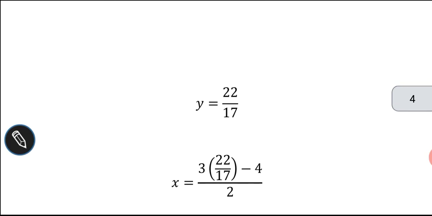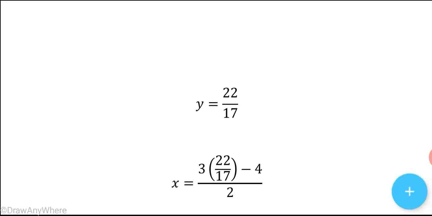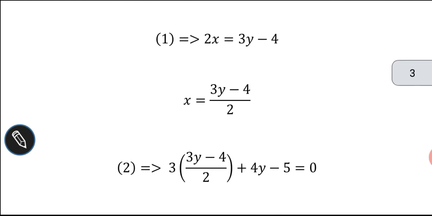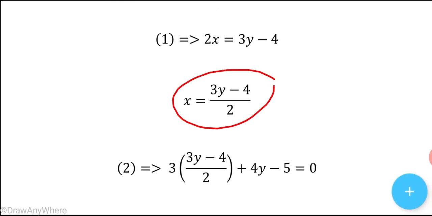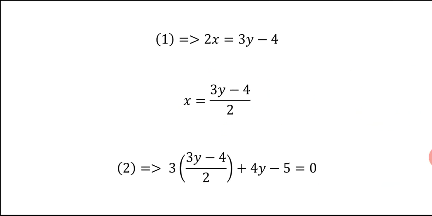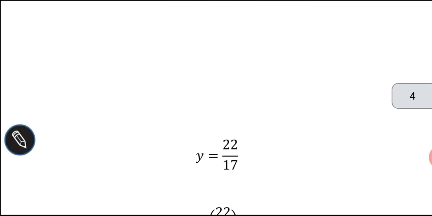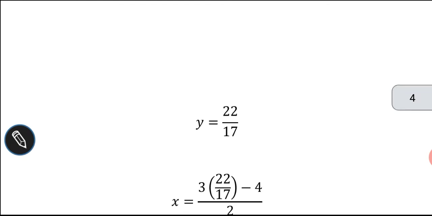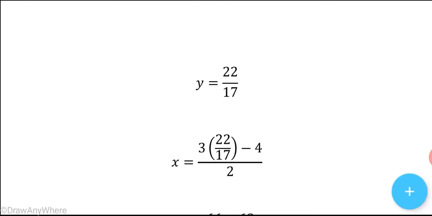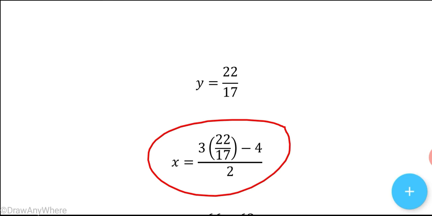We know that x equals 3y minus 4 divided by 2. We have the value of y, which is 22 divided by 17, so substitute it: x equals 3 into 22 divided by 17 minus 4, the whole divided by 2.